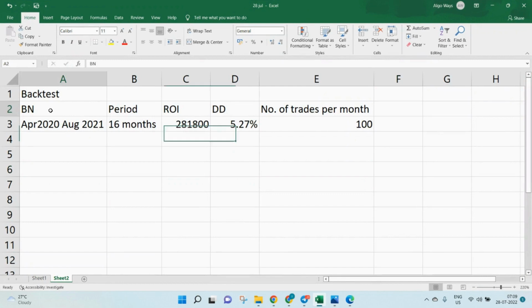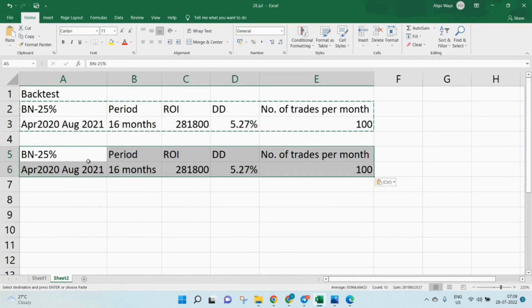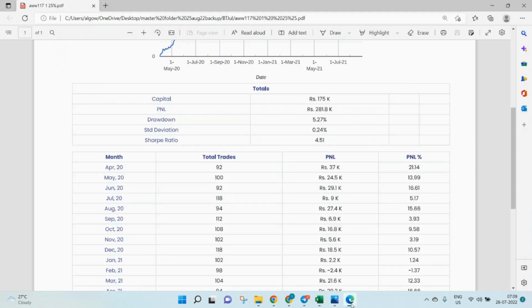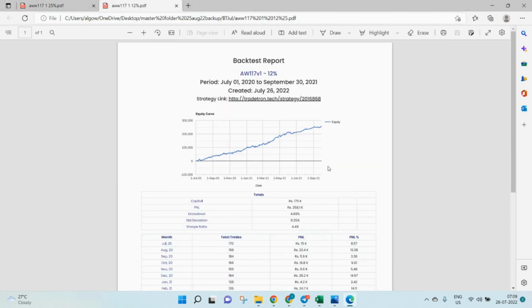Same way, Bank Nifty with 12%. Let me see what data I have for the 12% case. Okay, 12% for the same period, but one extra month.